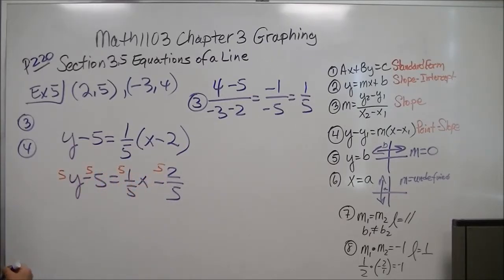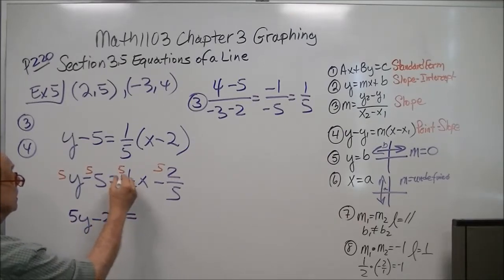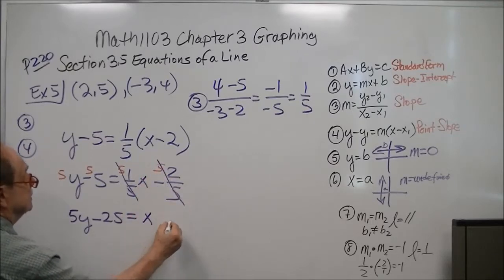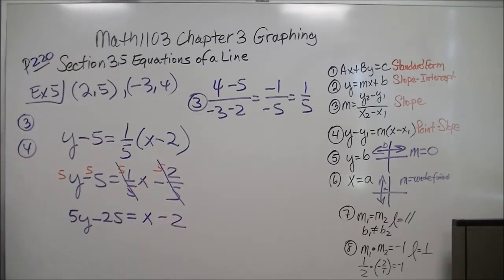So now this becomes 5y minus 25 equals, here the 5's cancel out, I get x, 5's cancel out, minus 2.